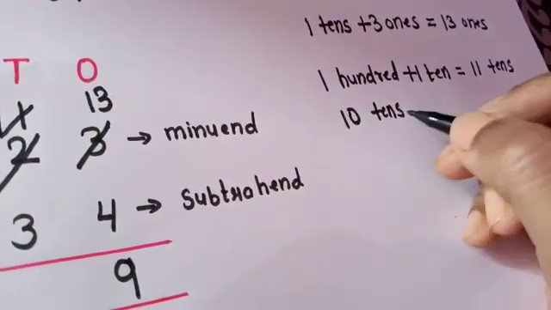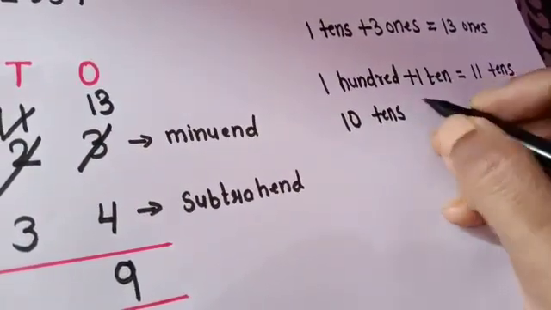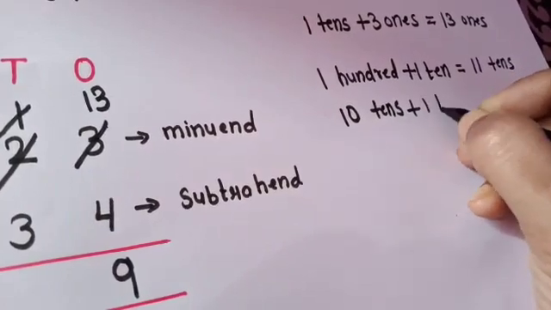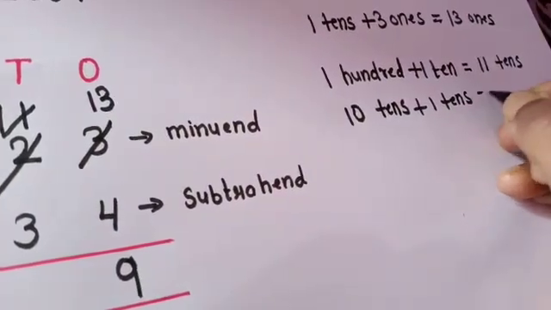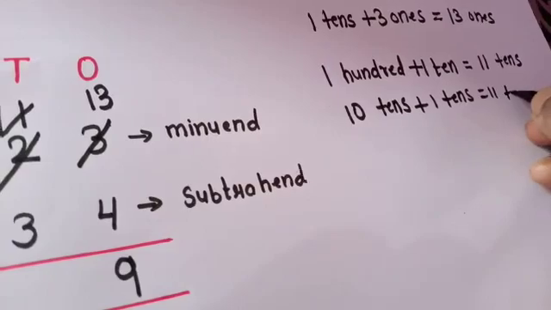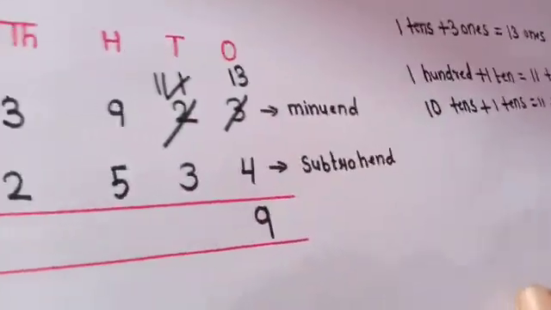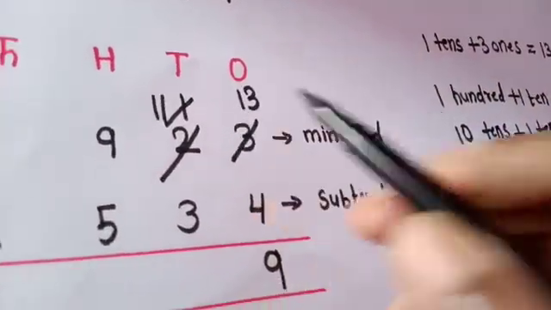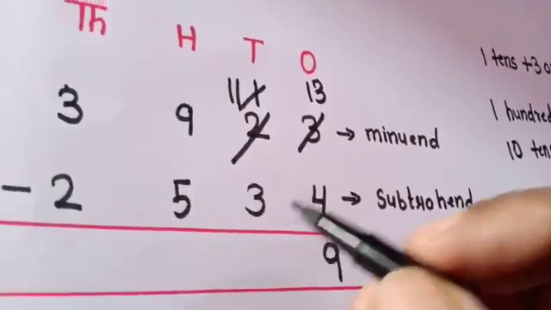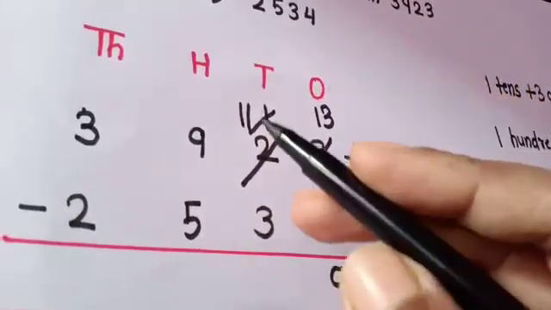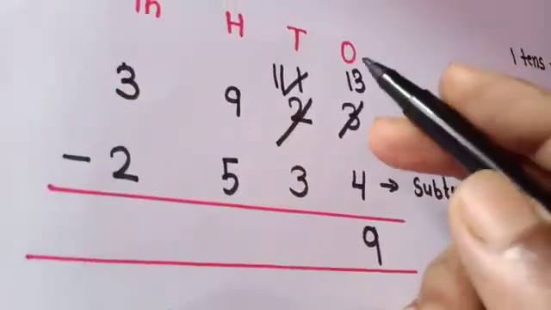Okay, and 10 tens plus 1 ten is equal to 11 tens. So here 11 tens and we can easily subtract 3 tens from 11 tens.